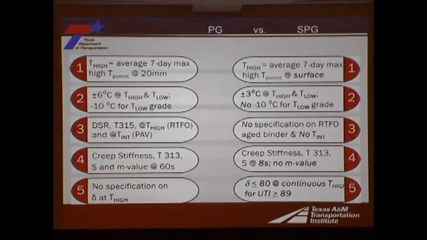So if you have two materials that are real similar, say a 64 minus 22 PG binder and a 67 minus 19 SPG binder, even though those climate ranges are similar, the properties of the materials are not necessarily similar, because for the same climate, we're going to use a little bit different binder for seal coat than we would for hot mix, and that is what we're getting out of that.